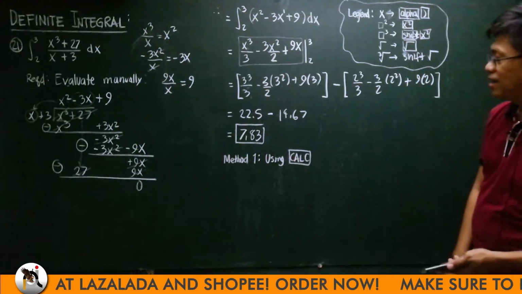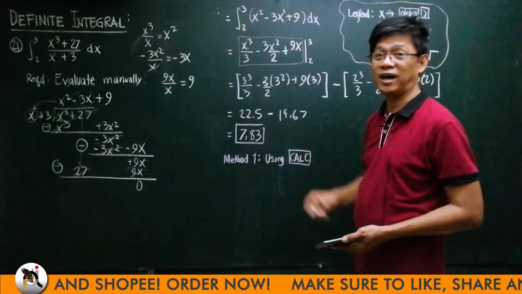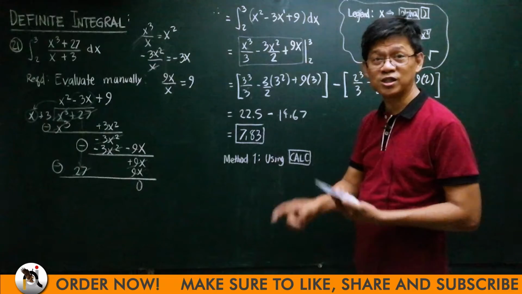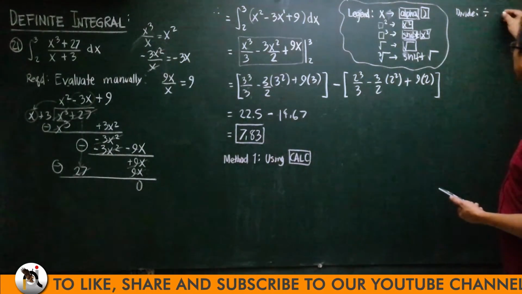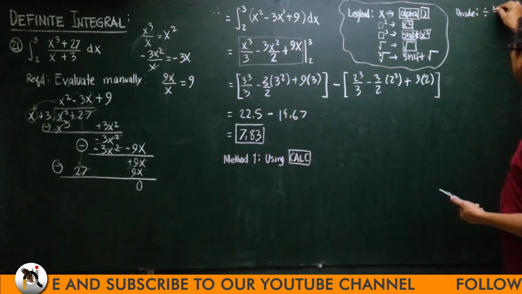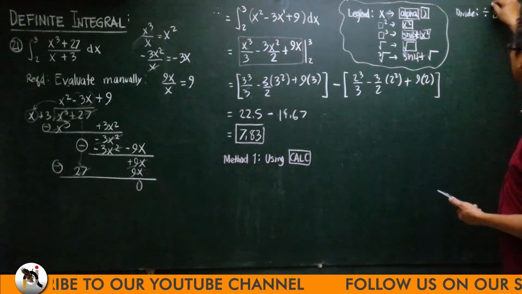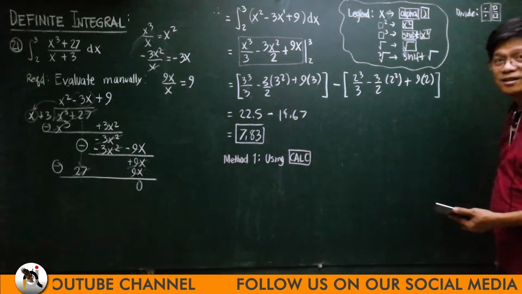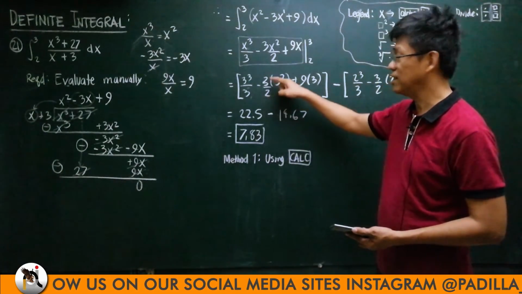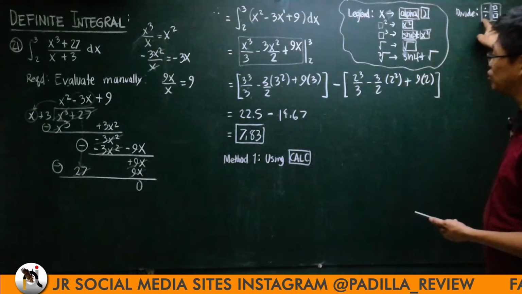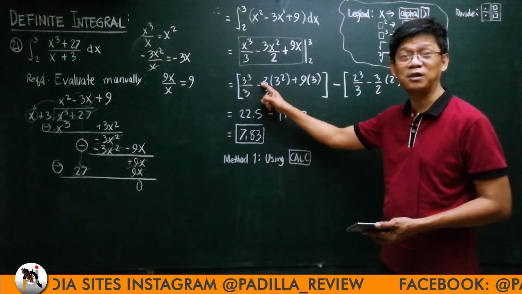And for divide, it could be the division symbol or the fraction symbol. If you use the fraction symbol, it will appear like this. If you use the division symbol, it is the 3 divided by 2 symbol.